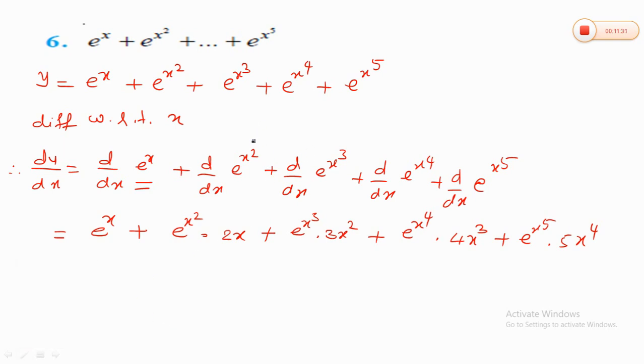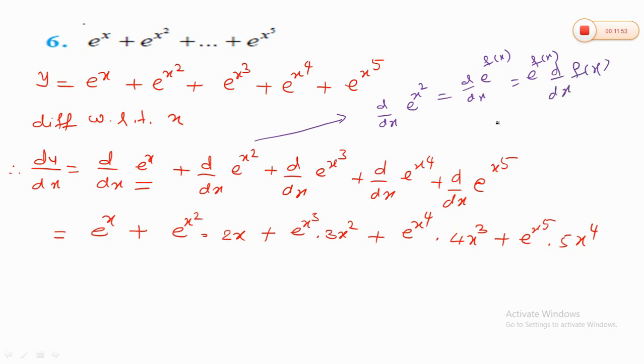For this one I will write all the steps here. d/dx of e^(x^2) is nothing but d/dx of e^(f(x)). The formula is e^(f(x)) times d/dx of f(x).